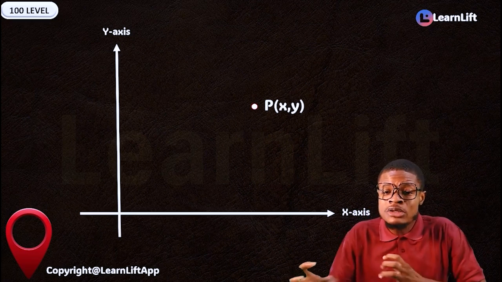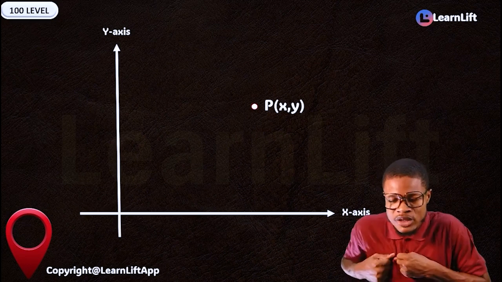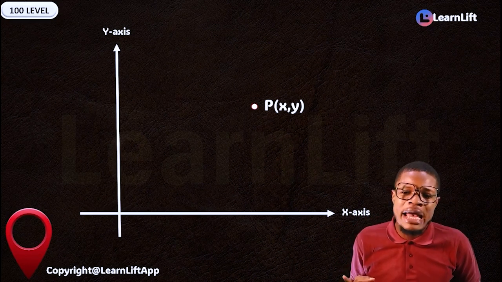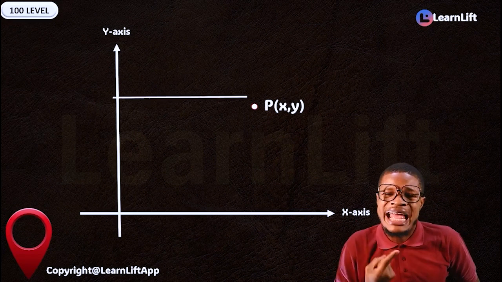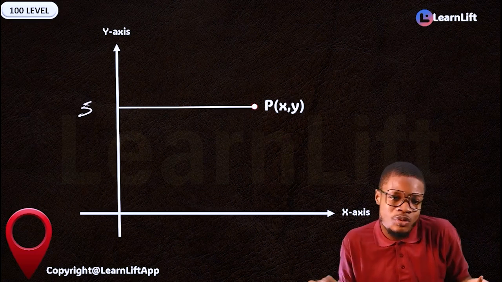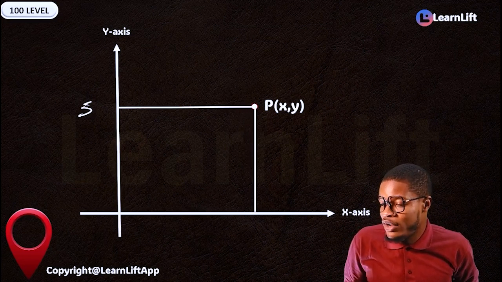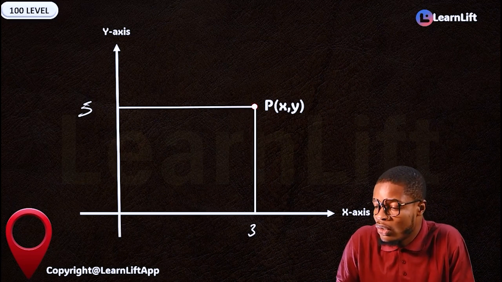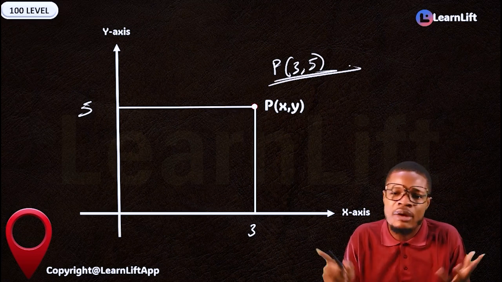I can trace my x to the x-axis and my y to the y-axis. Let's say here on the y-axis is 5, and here on the x-axis is 3. What are the coordinates of P? P is always x, y, so that will be 3, 5. This is exactly how it's going to be.